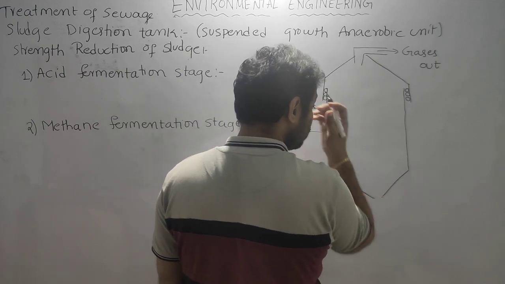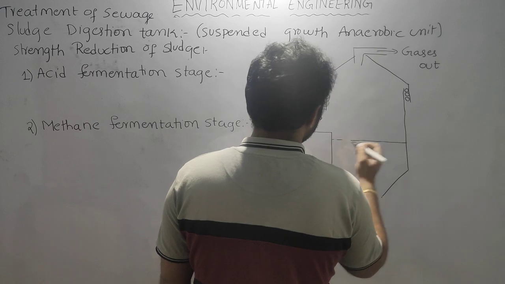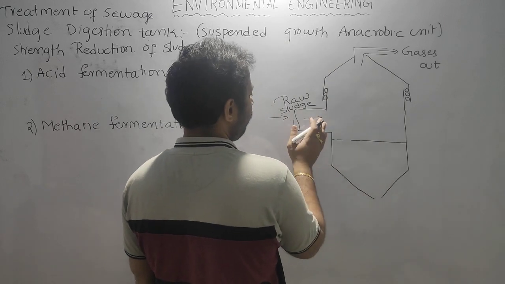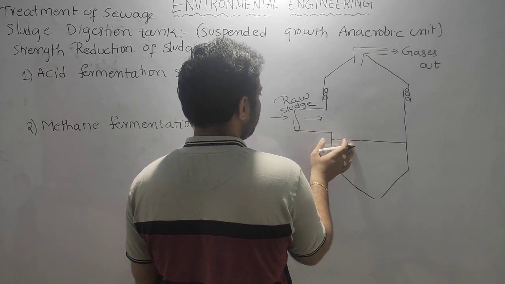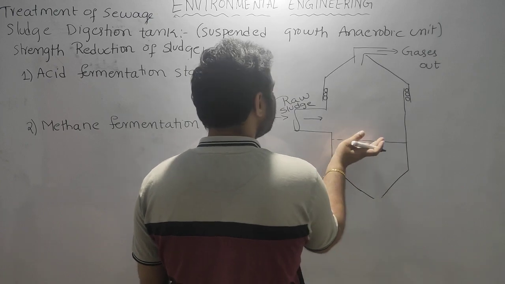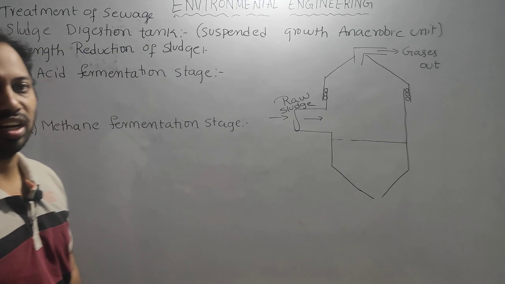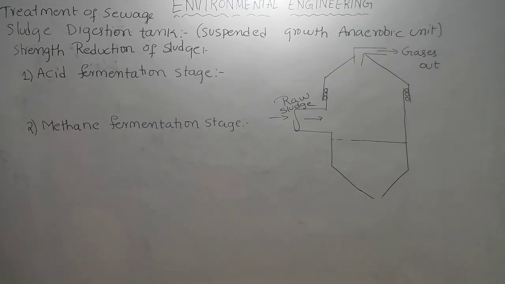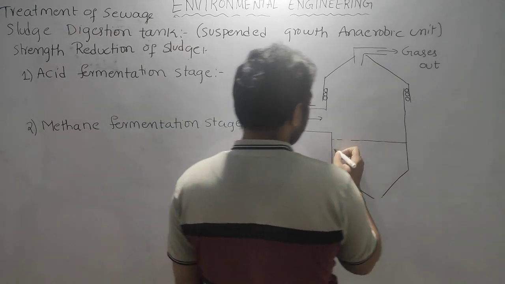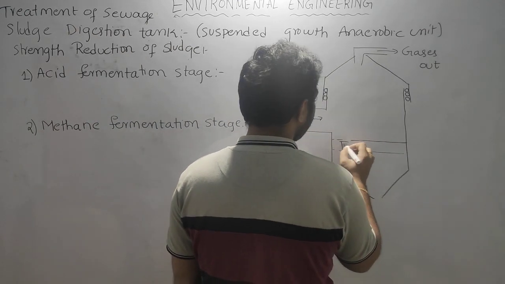Whenever we send the raw sludge, it will be present here, and during the decomposition the raw sludge becomes old sludge. So there is fresh sludge, digesting sludge and digested sludge. We pour the fresh sludge here.